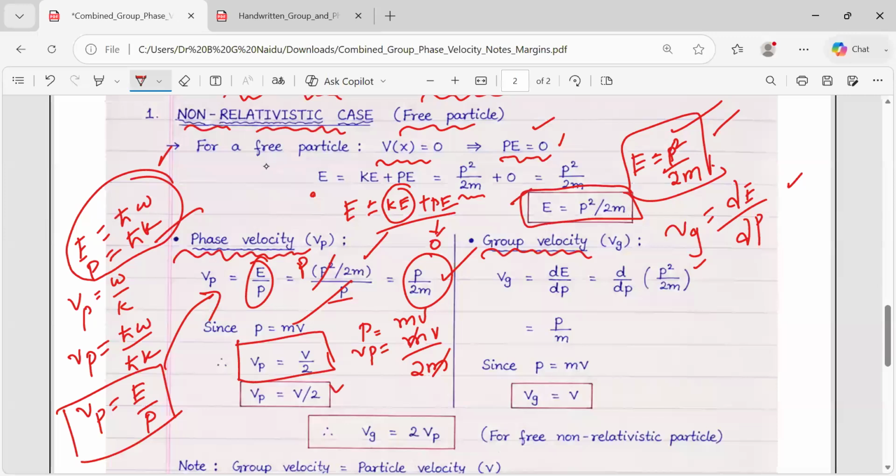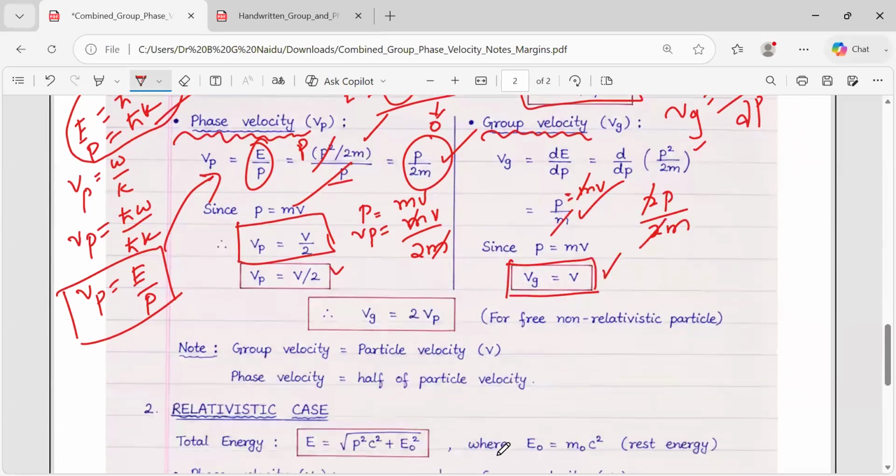If you differentiate it, it will give 2p by 2m. The 2 will cancel and you will get p by m. We know that p equals mv, so the m cancels out. The group velocity equals the actual velocity of the particle.